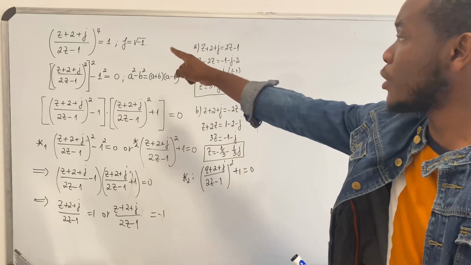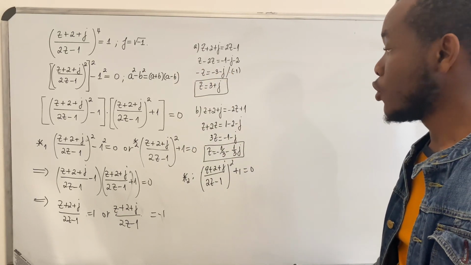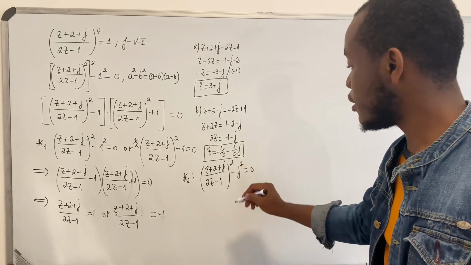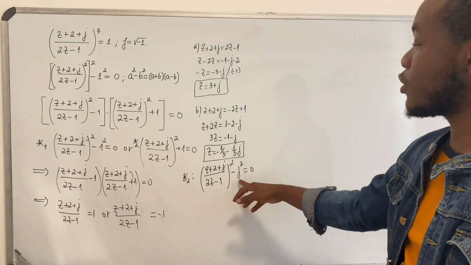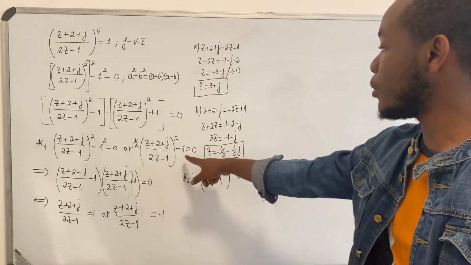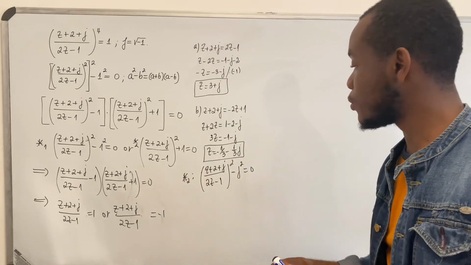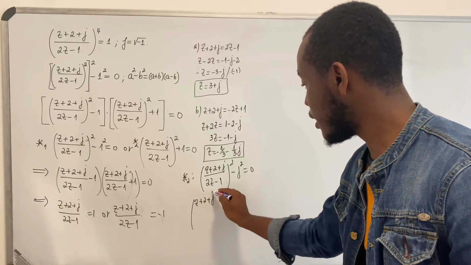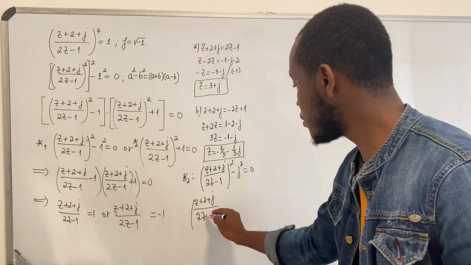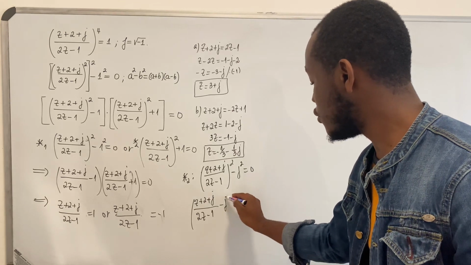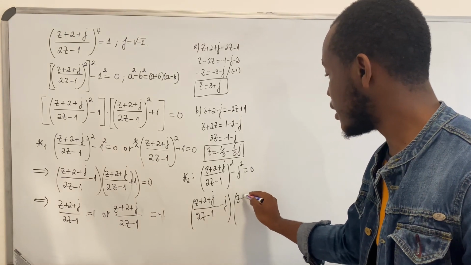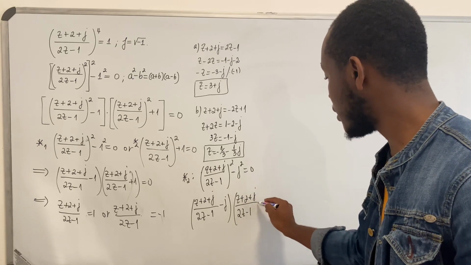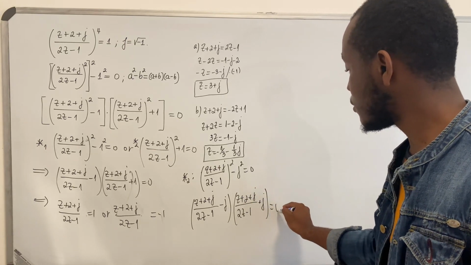We know that j is square root of negative 1, so that means we can say this is minus j squared, because j squared is minus 1, with this minus we'll go back to plus 1. Now it's the difference of 2 squares. So we can now say it's going to be z plus 2 plus j over 2z minus 1 minus j times z plus 2 plus j over 2z minus 1 plus j equal to 0.